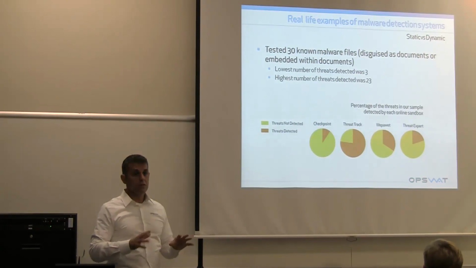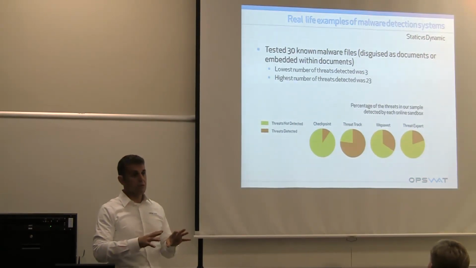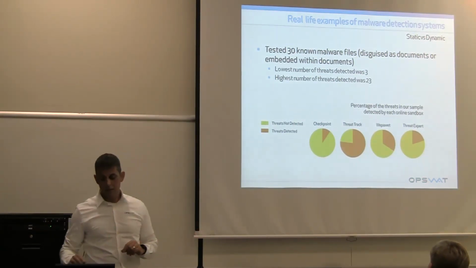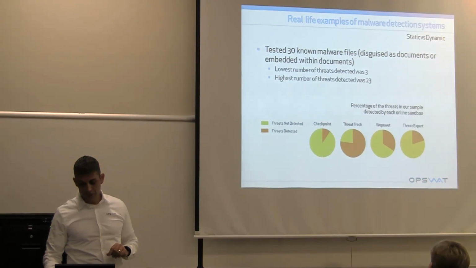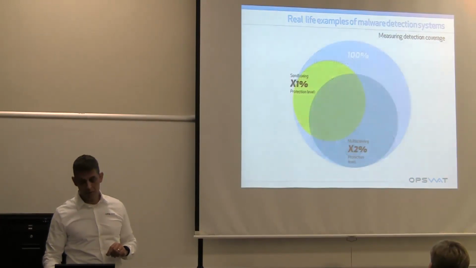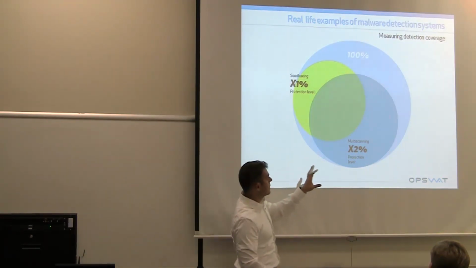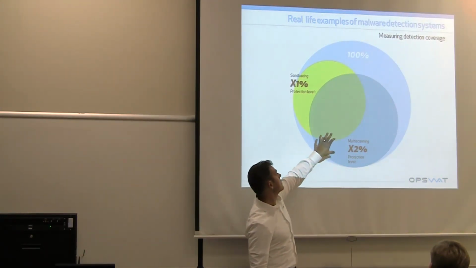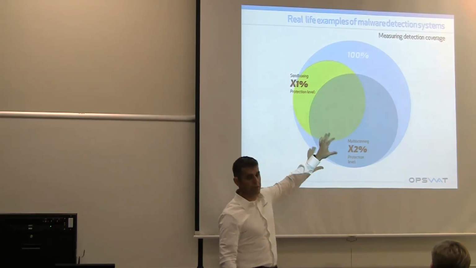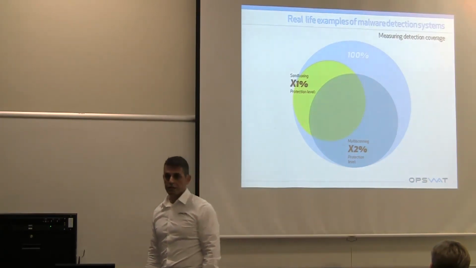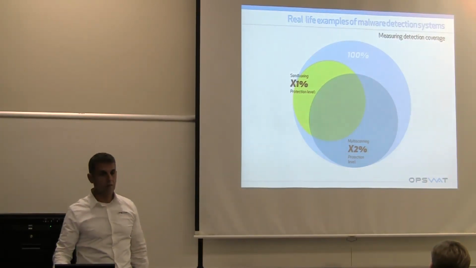However, we do see some correlation. We do see that using them together makes better sense, and we see pros and cons for each one in real-life examples. If you're looking at the total amount of threats out there, and you look at static analysis and dynamic analysis, then you can see the amount of viruses that there wouldn't ever be protection against.